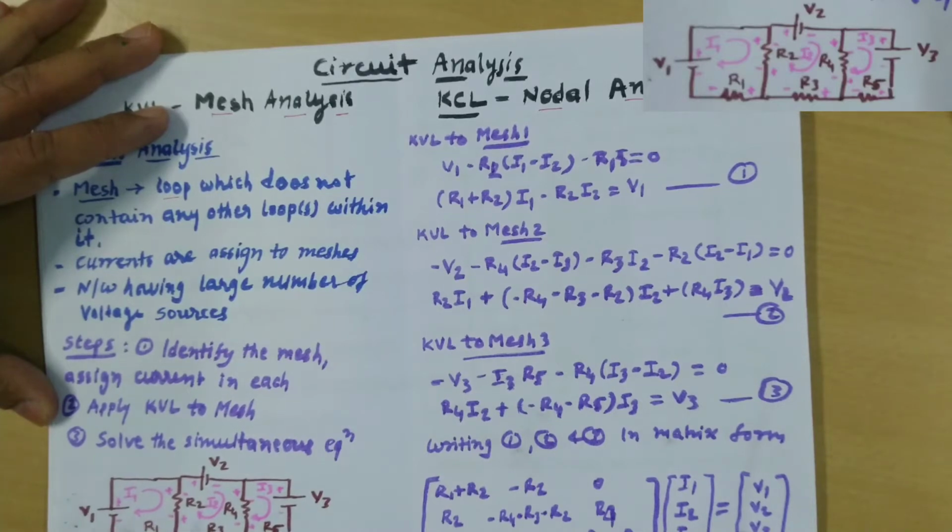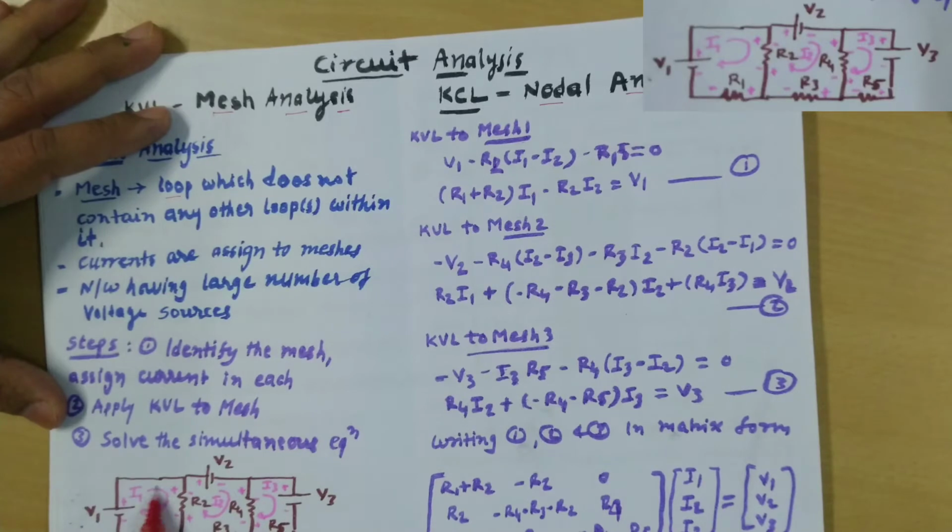In this mesh, when we apply KVL, we get the equation: V1, we are going from negative to positive, minus R2, we are going from positive to negative, that's why minus. There are two currents in this branch. First is I1, which is downwards, and another is I2, which is upwards.